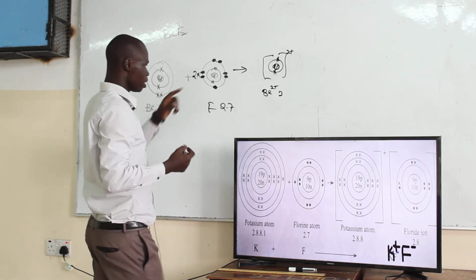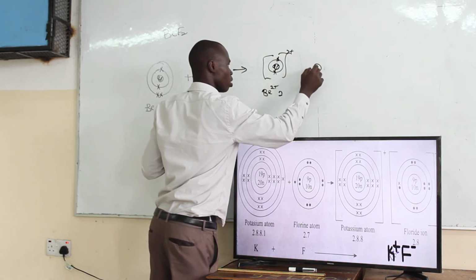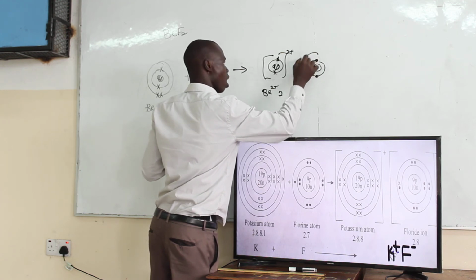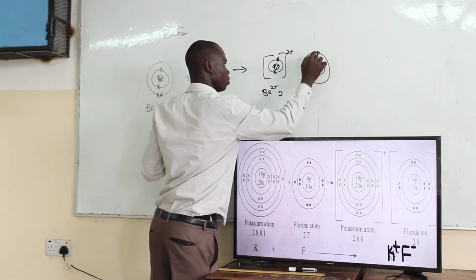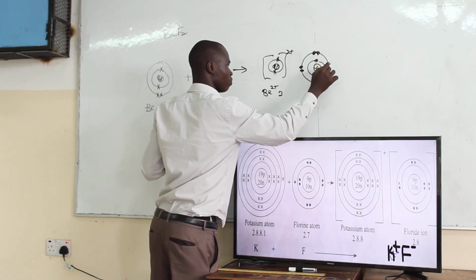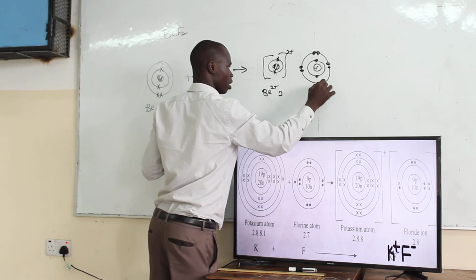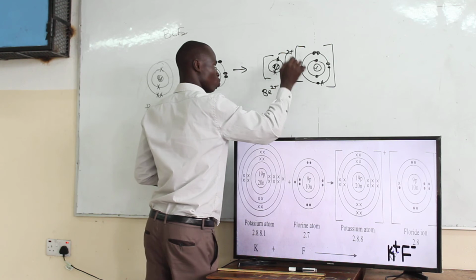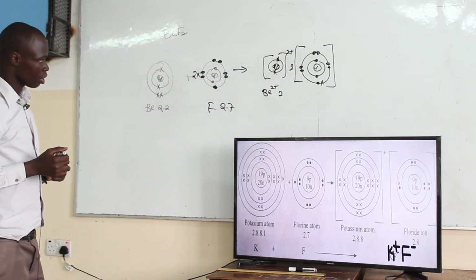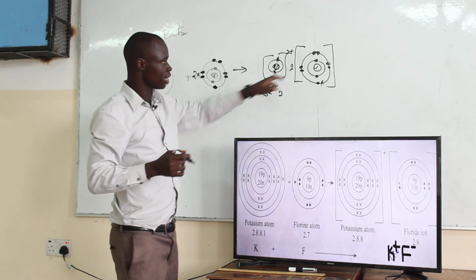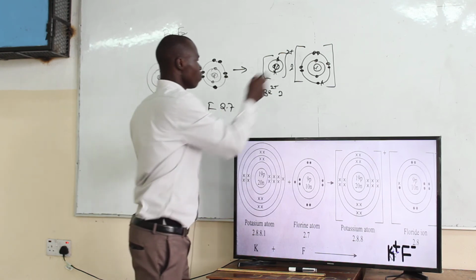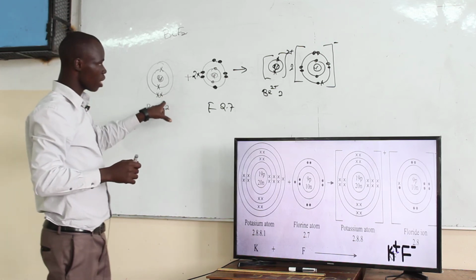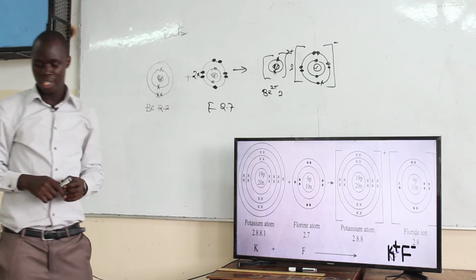While fluorine, after receiving these 2, but there are 2 of them, let's put 2 there. So when you put 2, it means each of the 2 fluoride ions, or rather fluorine atoms, will get 1 from beryllium to be like that.